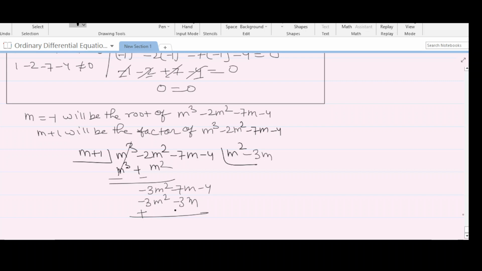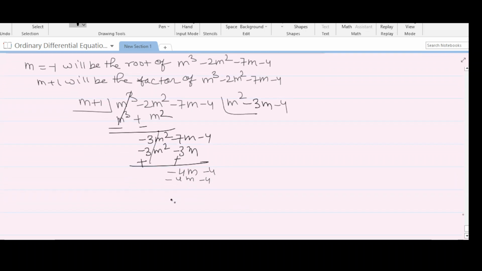Again it will be plus, it will cut out. Here we have minus 4m minus 4, multiply by minus 4, we get minus 4m minus 4, and ultimately the remainder is 0 as I told before.